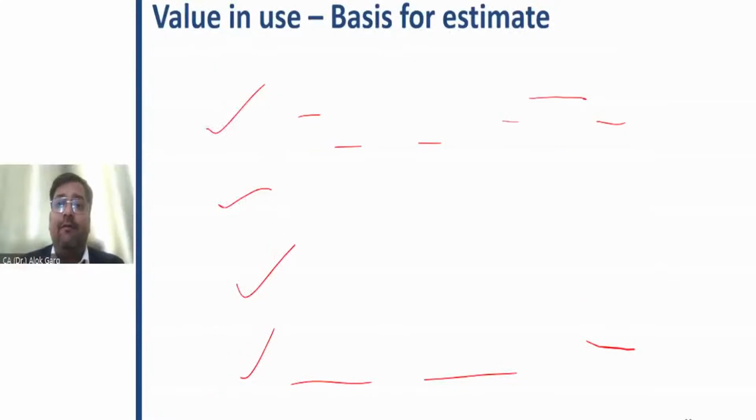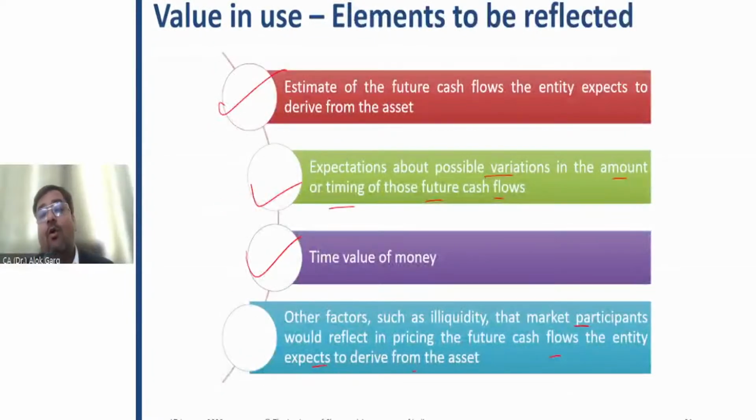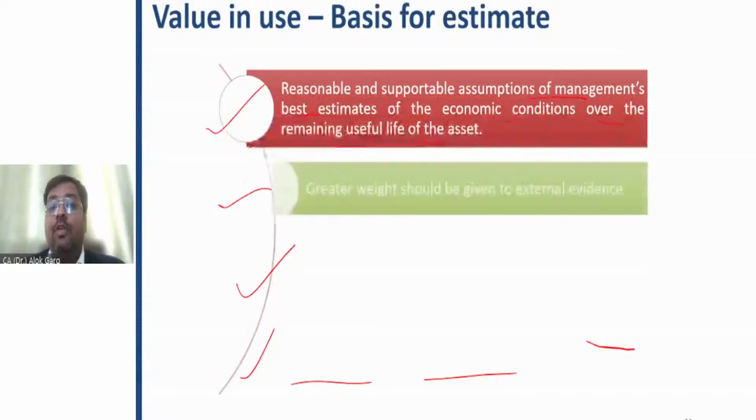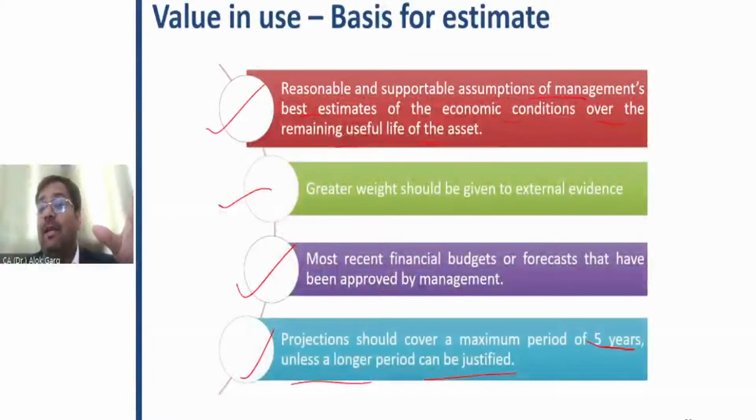So in the first slide, we have discussed how this cash flow has to be reflected, right? And there we have discussed that the cash flow is related to a particular asset. You have to consider all the possible facts and circumstances while estimating the cash flow. Then we have discussed there should be reasonable and supportable assumptions of the economic condition over the useful life of the asset.